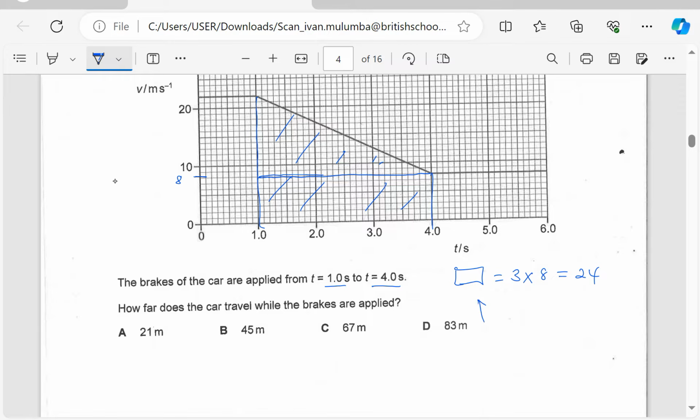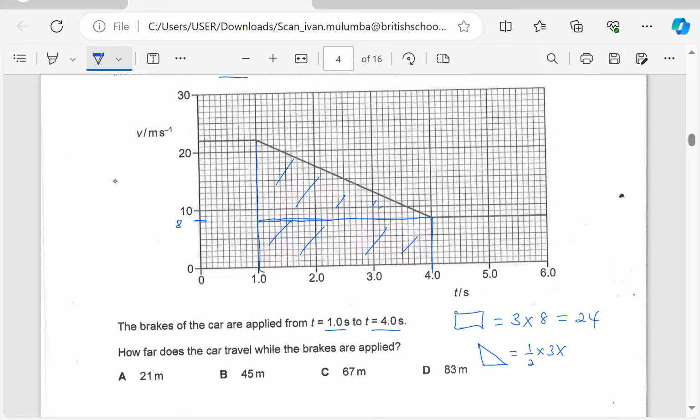Then for the triangle, the area will be a half times the base, which is still 3, times the height. The height is going to be, I think this is 22, minus 8.